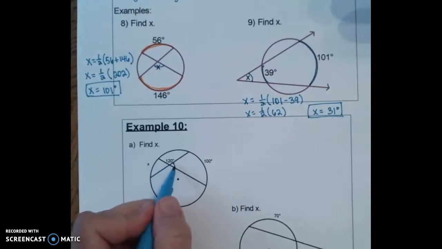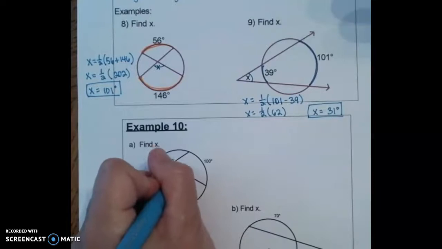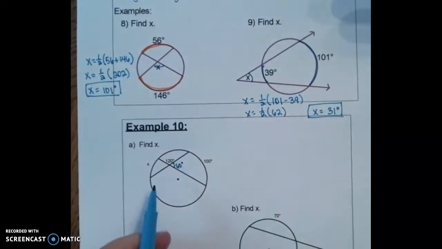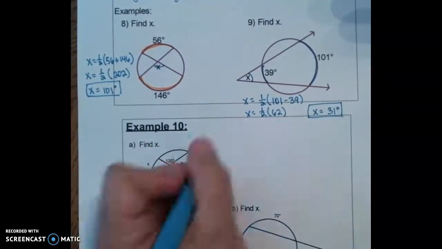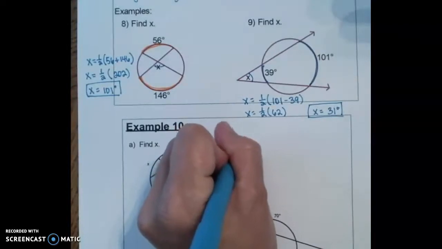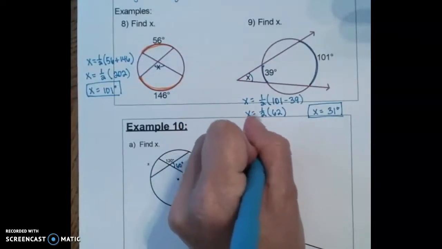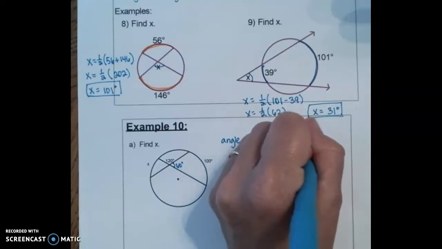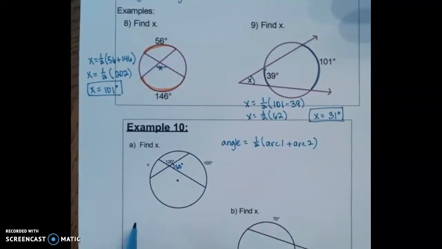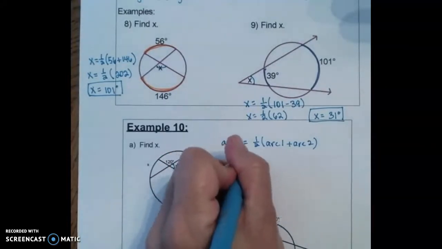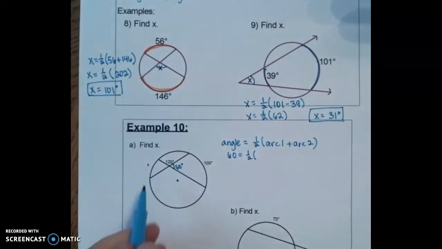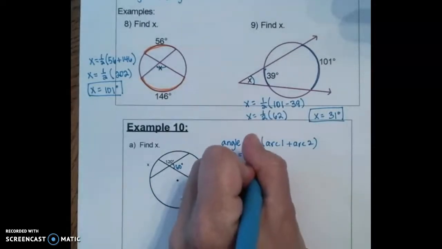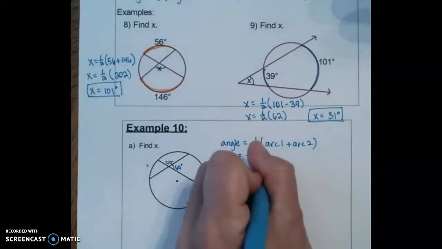So I know 120 plus whatever this angle is forms 180 degrees. So this is going to be 60 degrees. So I want you to think about the rule. The rule says angle is 1/2 of arc 1 plus arc 2. So we're going to sub in what we know. My angle is 60. Arc 1 I'm going to call x. Arc 2 I'm going to call 100.